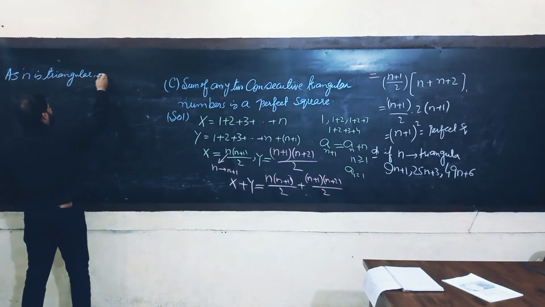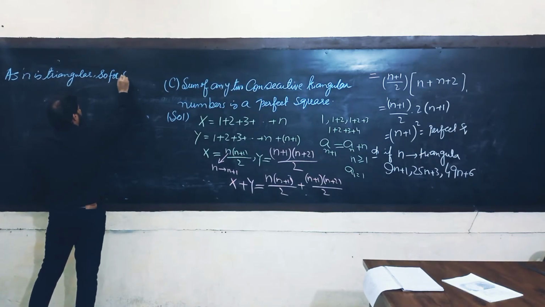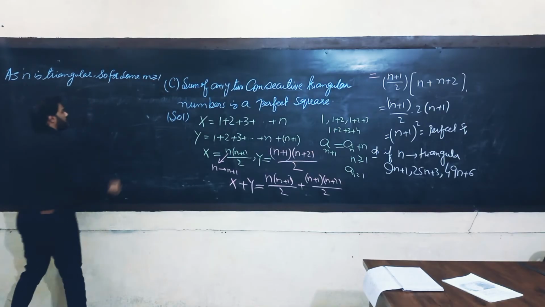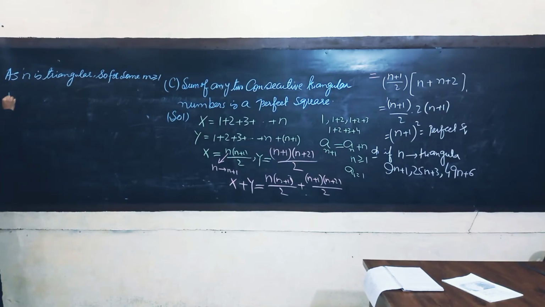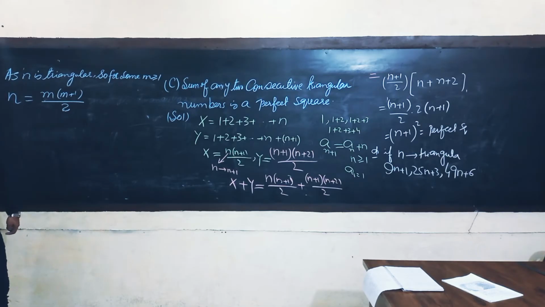So for some m greater than or equal to 1, this triangular number n can be written as m into m plus 1 over 2. Now we have to show that 9n plus 1 is also a triangular number.